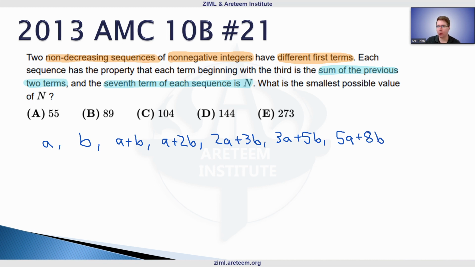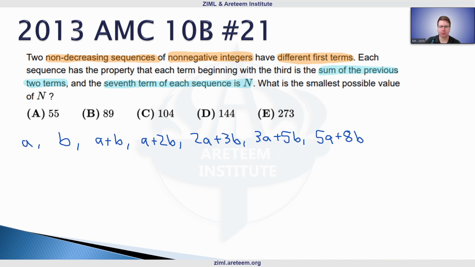And notice, if we count these up, 1, 2, 3, 4, 5, 6, 7, this gives us our 7 terms. So this is going to be our value of n: 5A plus 8B is our value of n.